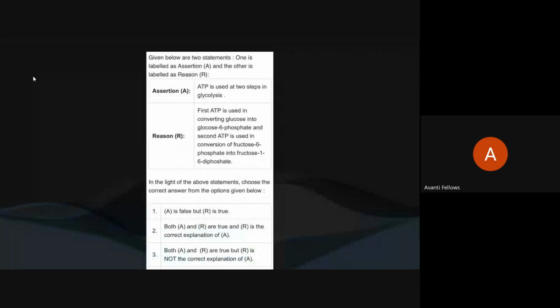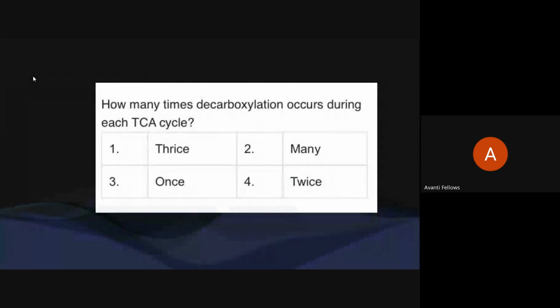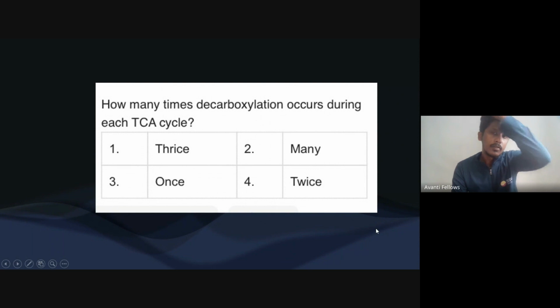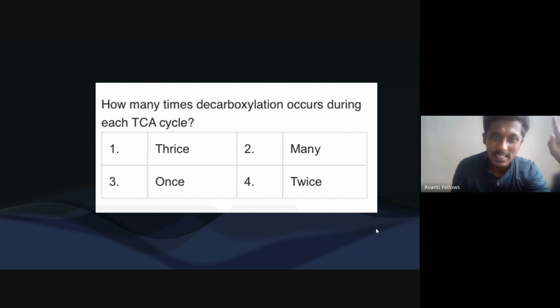So we finished the first question, right? I hope you had it right. Let me see if everything is fine in the Google Meet. If you have any questions, okay, video is off. Hello. Okay, so we understood this part. So we have another question, students. Just read the questions carefully. In this question, it's given how many times decarboxylation occurs during the TCA cycle.